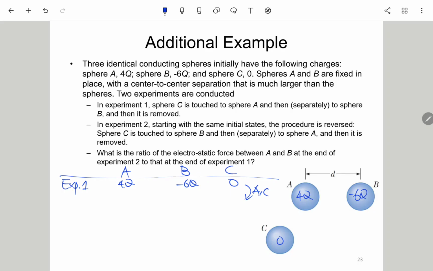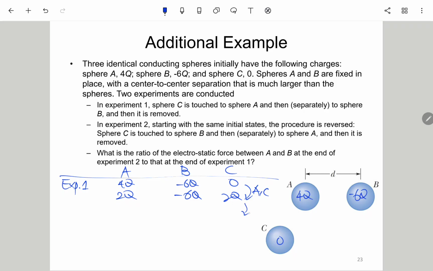A is 4Q, C is 0, so the total charge is 4Q plus 0, which is 4Q, and it is equally separated between both of them. So it becomes 2Q and 2Q after the first contact. B remains the same, because it has nothing to do with sphere B.